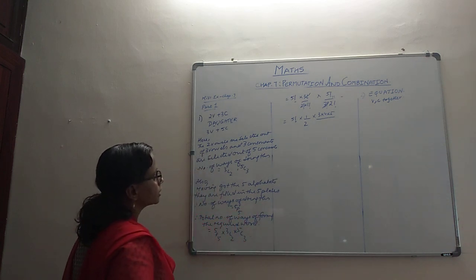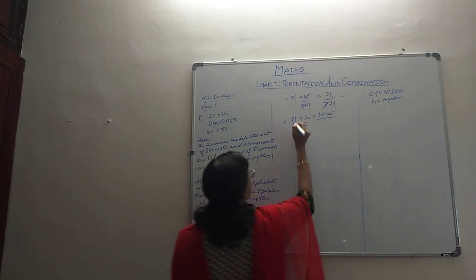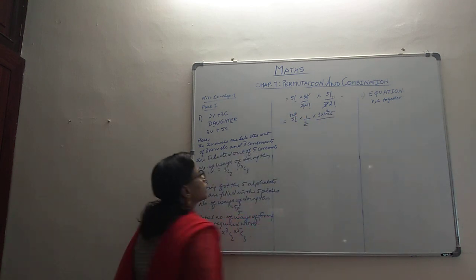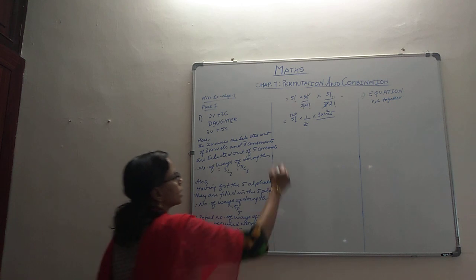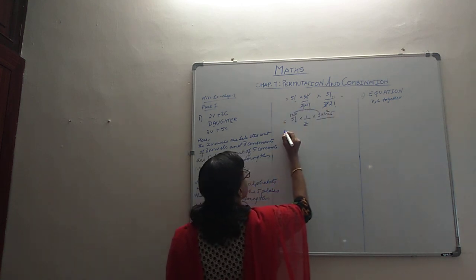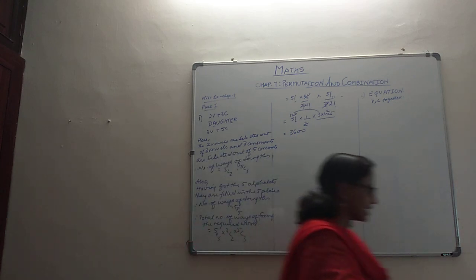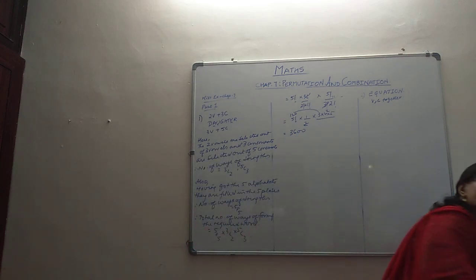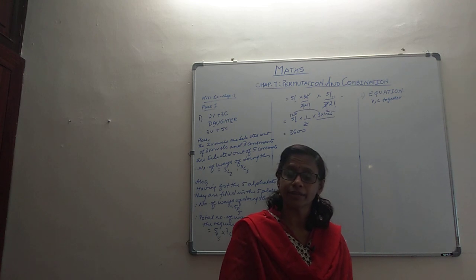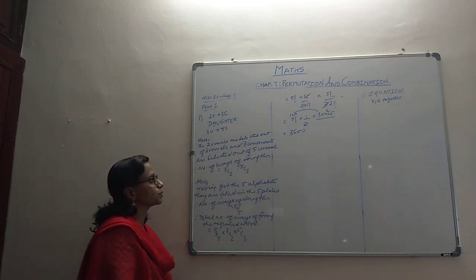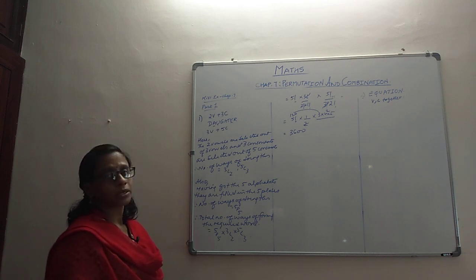You don't have anything here. 5 factorial is 120 if we remember. 5 into 2 is 10. So 120 into 3 is 360, and then the 10. So 3600 ways are the number of ways in which you can form this word. That's about this part 1.